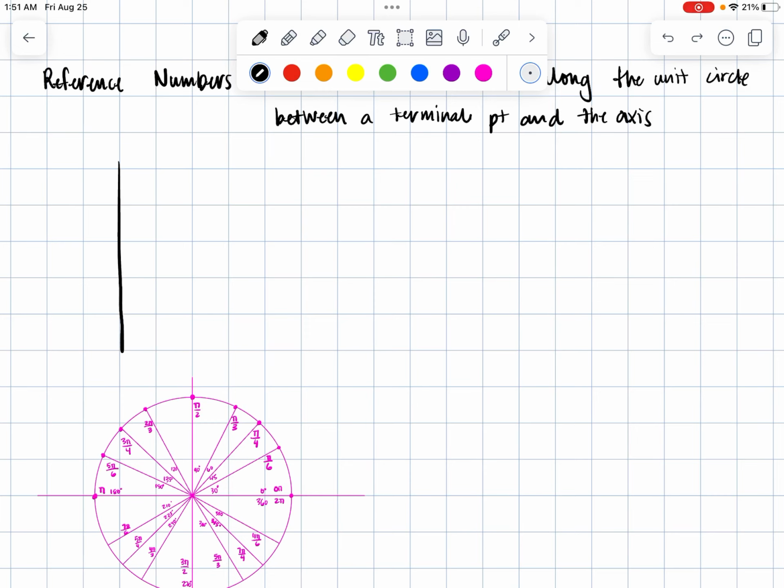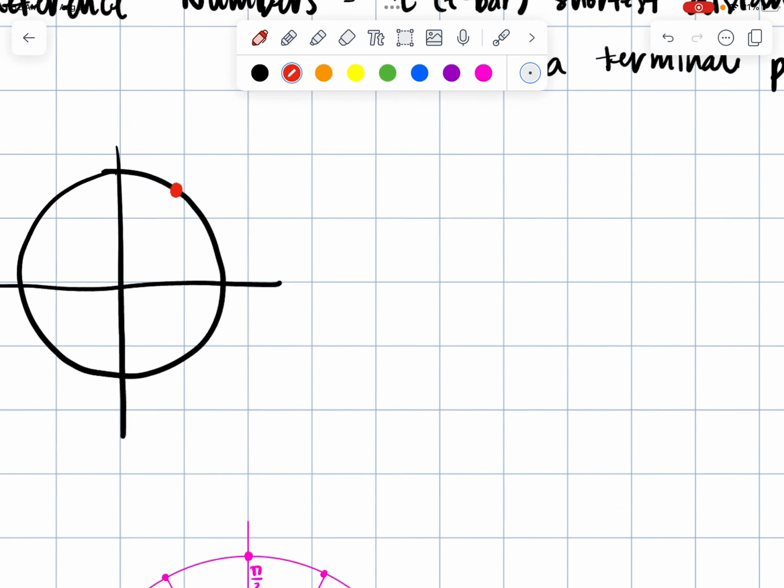Let's draw a unit circle, roughly. That looks terrible. Let's try that again. Okay. And we have a unit circle here, and we would normally have a t-value. So I'm going to put a terminal point here, and we have some distance along the unit circle where we would call this just t, your t-value.